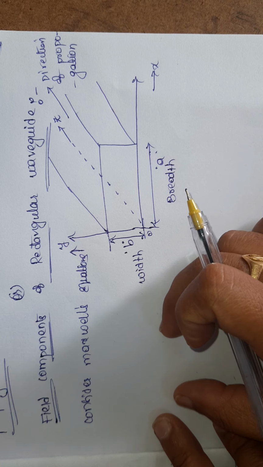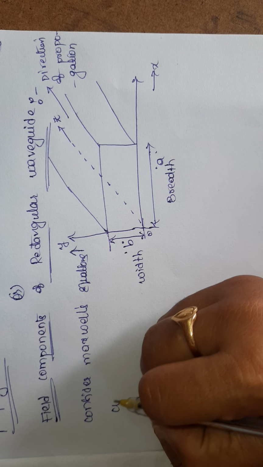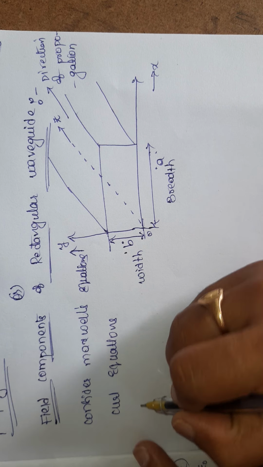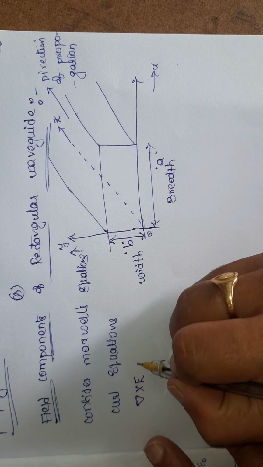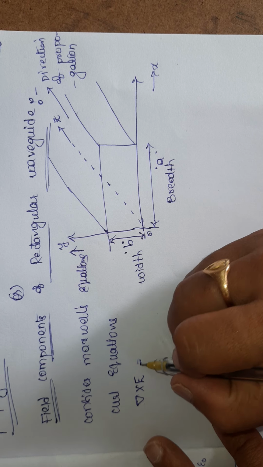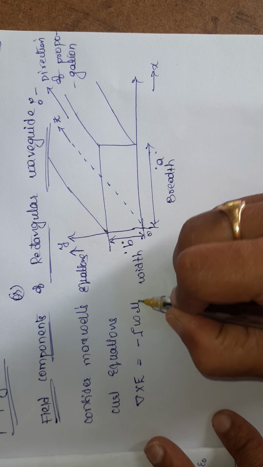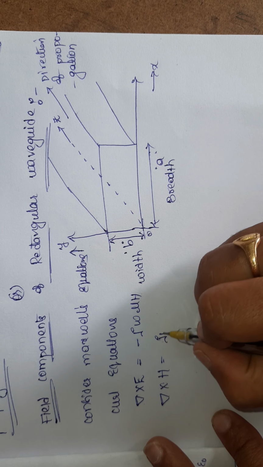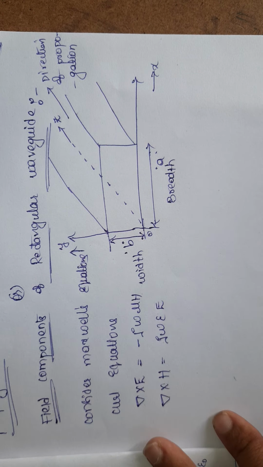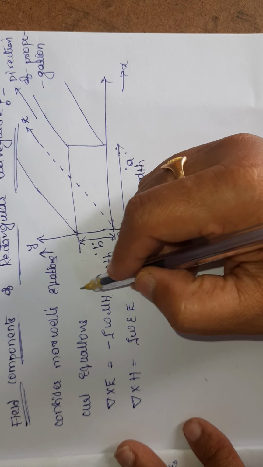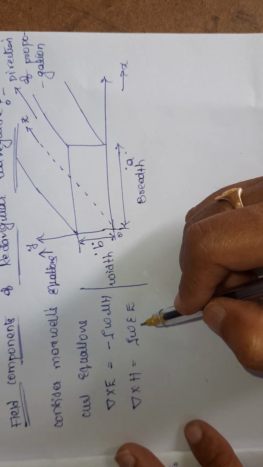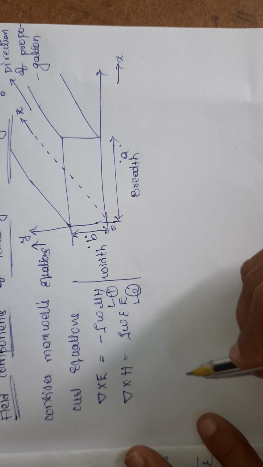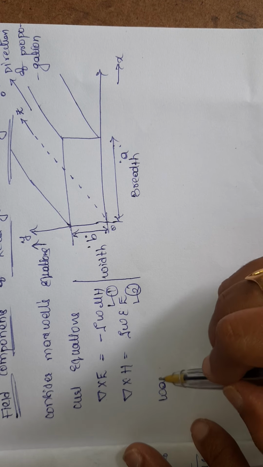What are the Maxwell's curl equations? Curl equations are del cross E equals minus j omega mu H, and del cross H equals j omega epsilon E. Consider them as equations 1 and 2. And what are the wave equations?